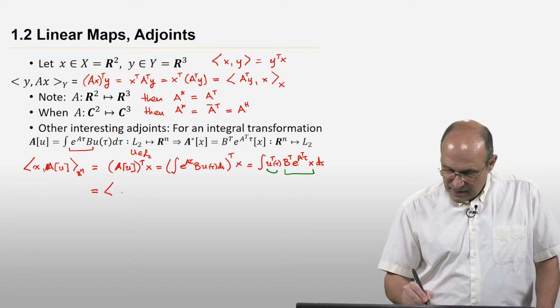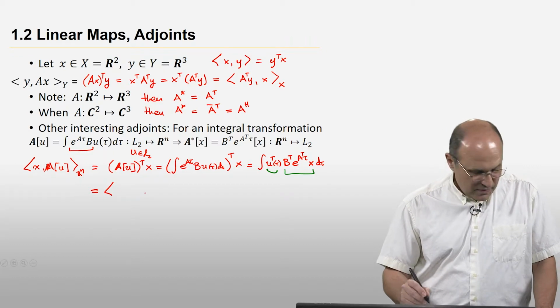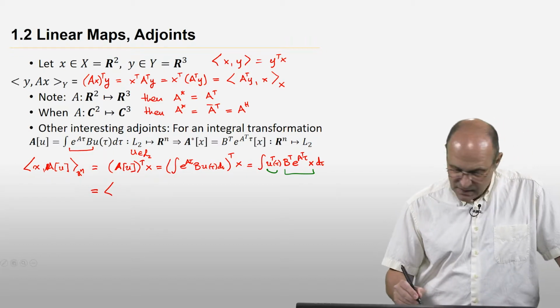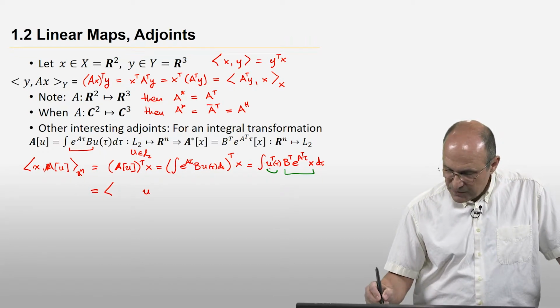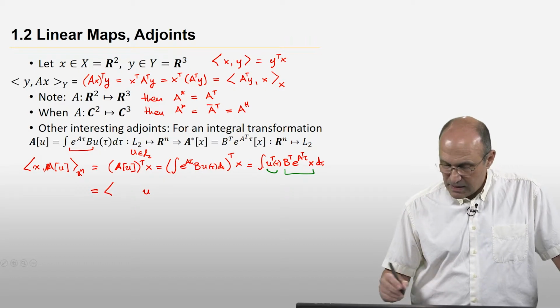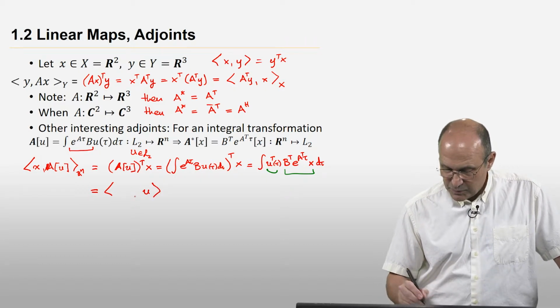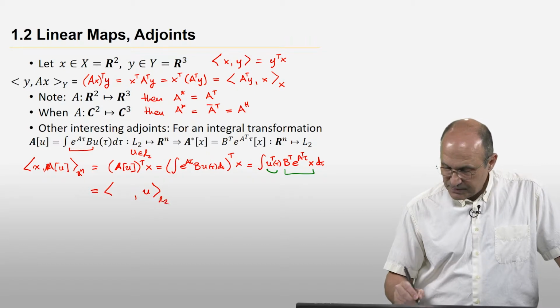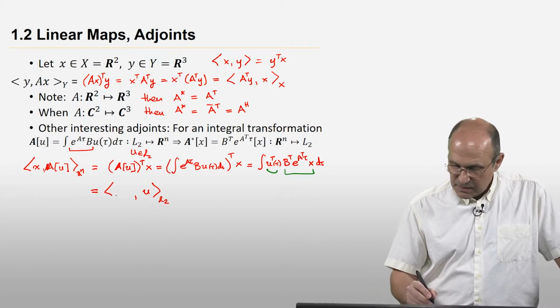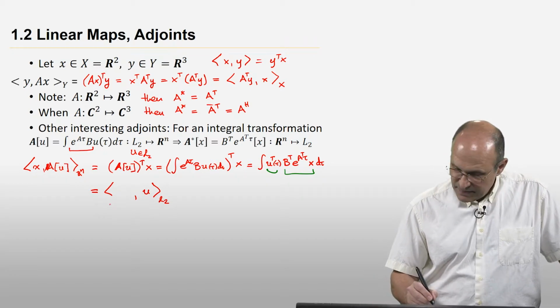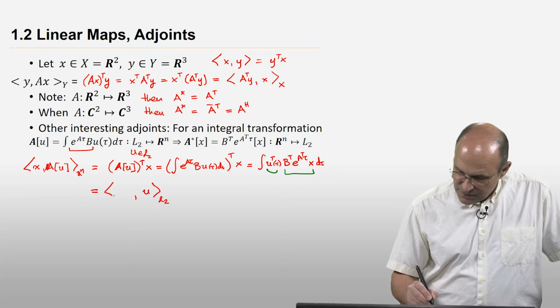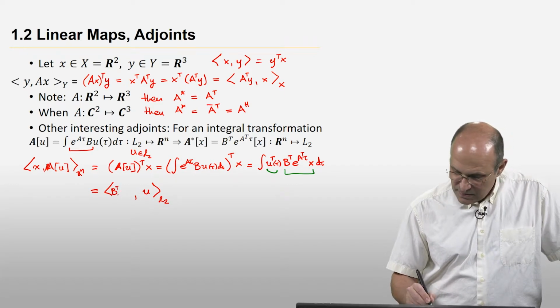So this will be the inner product of the first one with the transpose being the second part of my inner product in L2, and the first part will be whatever we have in the second grouping. So B transpose e to the A transpose tau x.